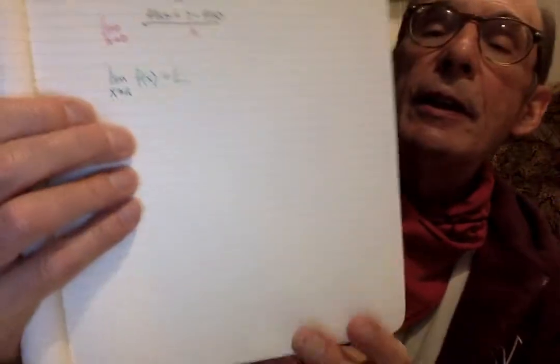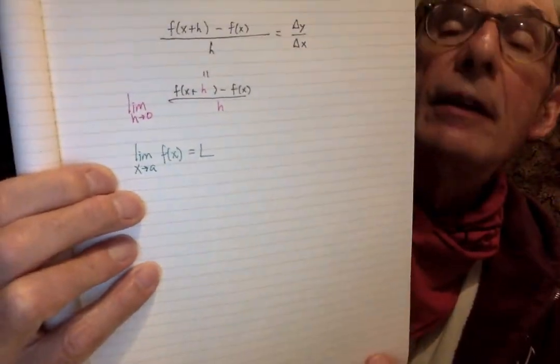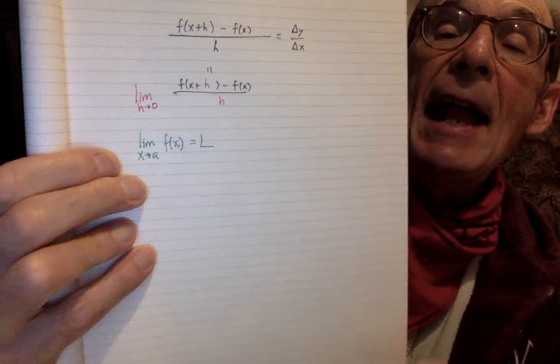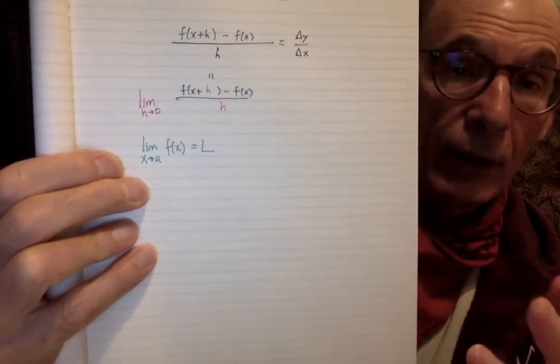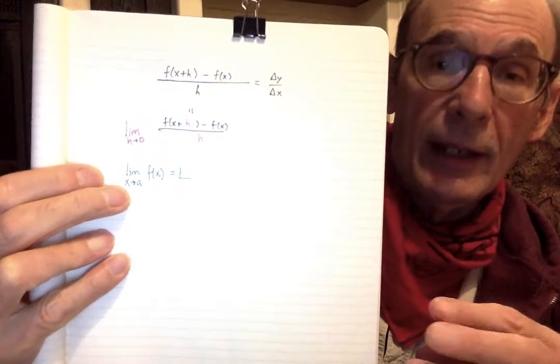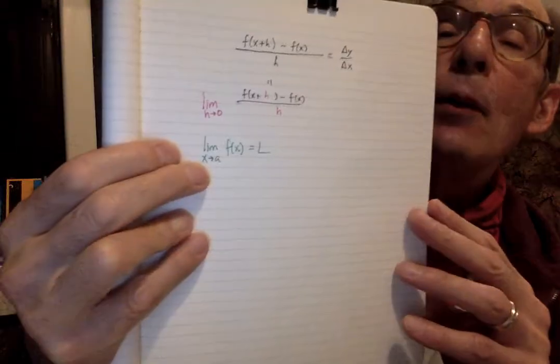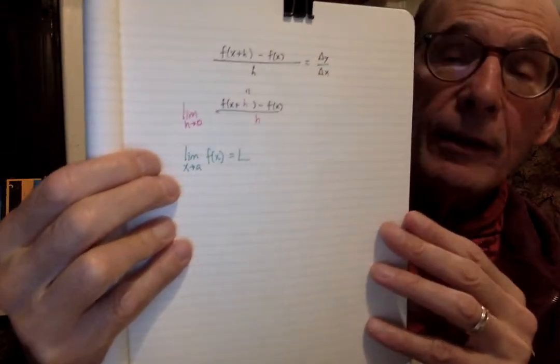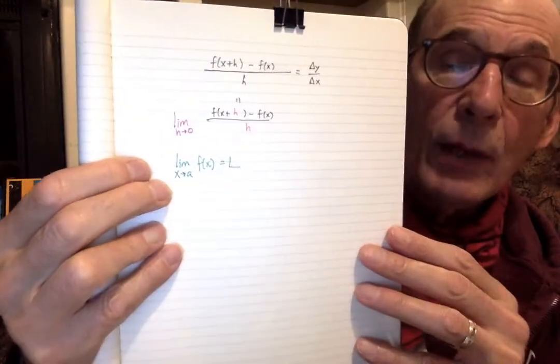What I've written here in green is the limit as x near a of f of x is L. And so x is near a, x is not going to a, x is not at a. And what this means is that we're guaranteed that when x is near a, f of x is near L. So I'm going to write that down.